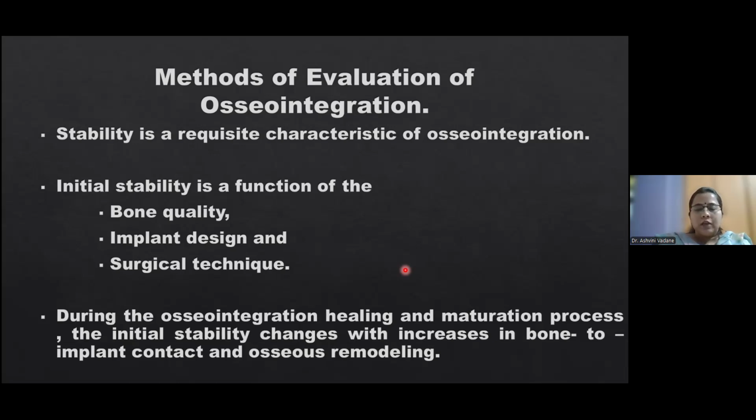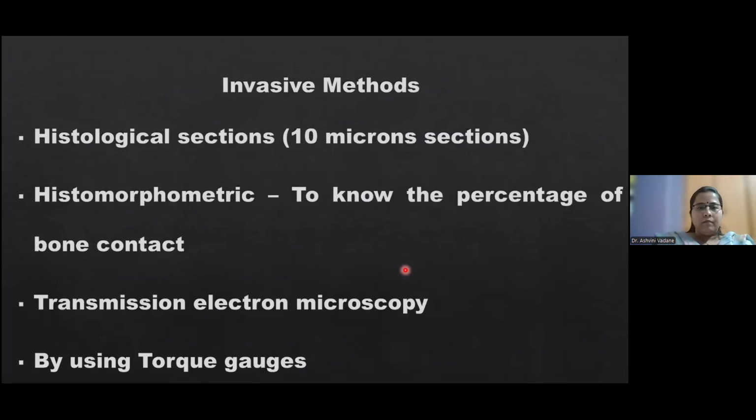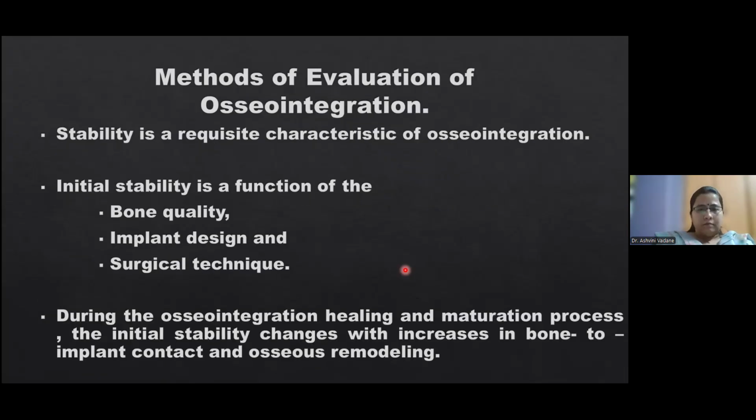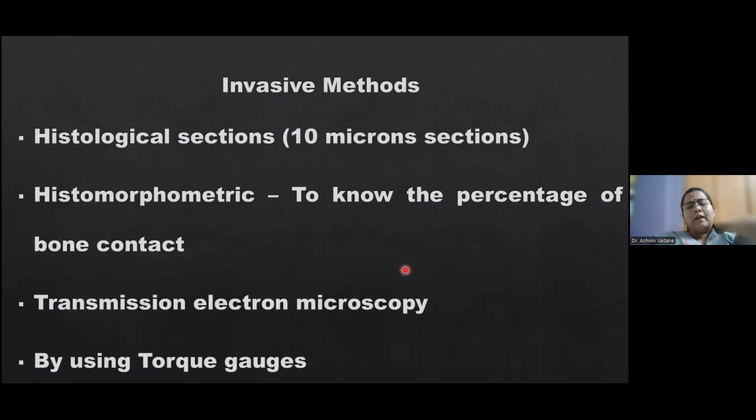During the osseointegration healing and maturation process, the initial stability changes with increase in the bone to implant contact and osseous remodeling. Then invasive methods like histological sections, histomorphometry, TEM, that is transmission electron microscopy.